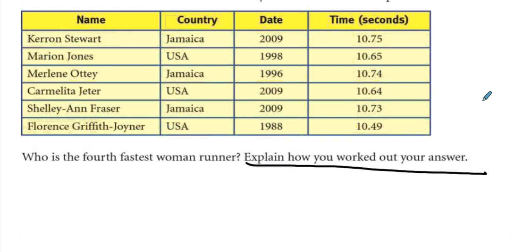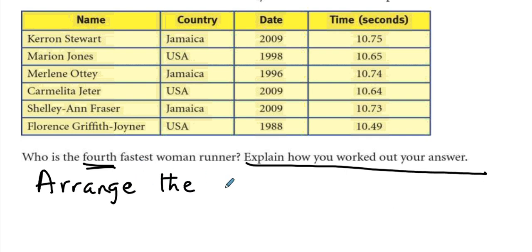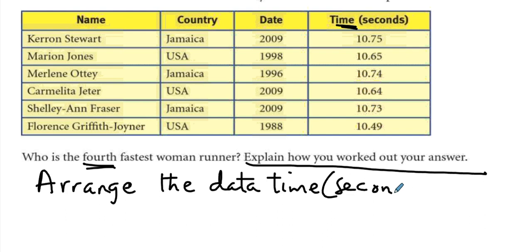Explain how you worked out your answer. Let me start with the explanation. To do this question, in order to determine which runner came 4th, we need to arrange the data for time in seconds. You arrange them in order of size.